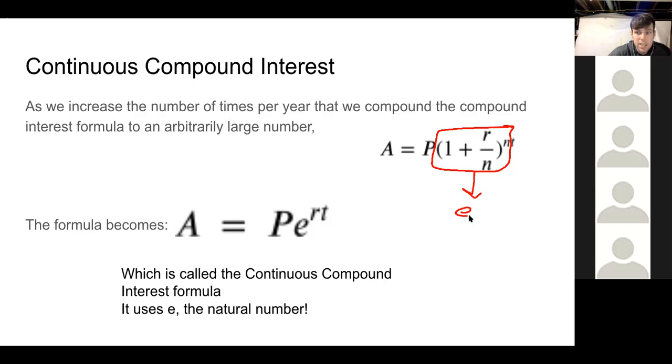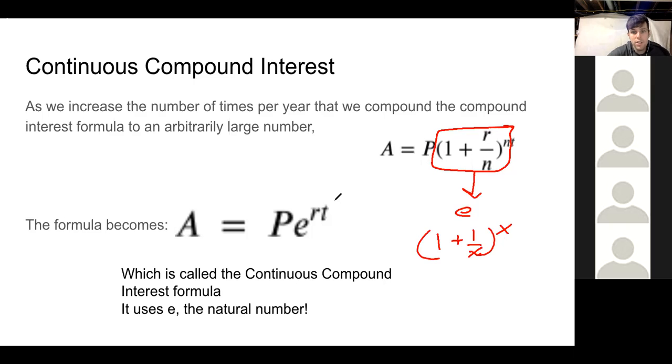basically goes to e. It's a little bit more complicated algebraically to show that, but as the number of times we compound our interest gets sufficiently big, the limit of it is e, because we could algebraically show that this is the same thing as 1 plus 1 over x to the x, which we do know does approach e.